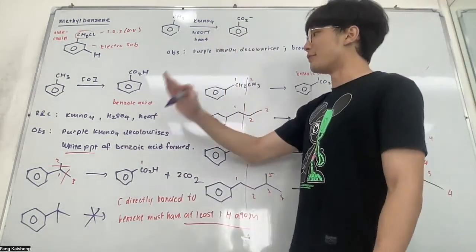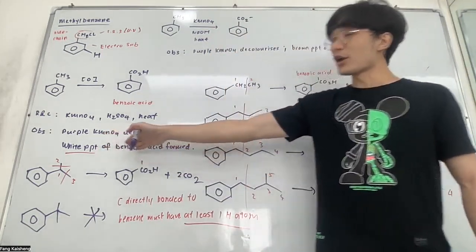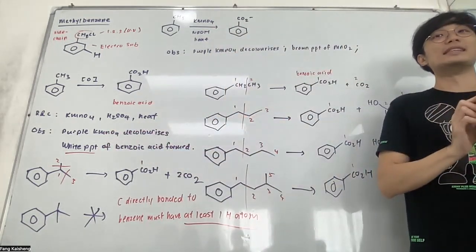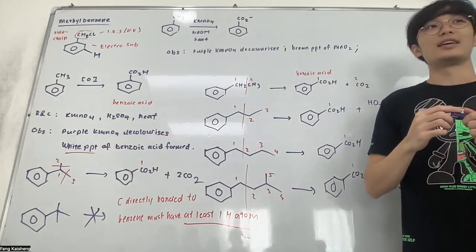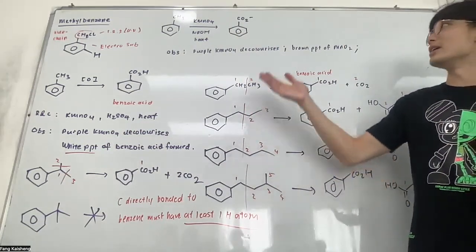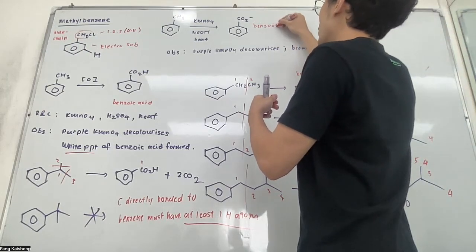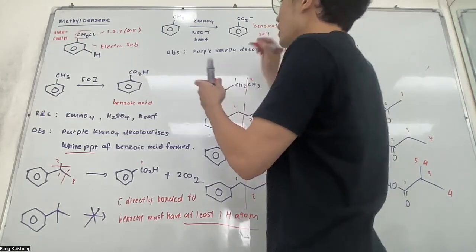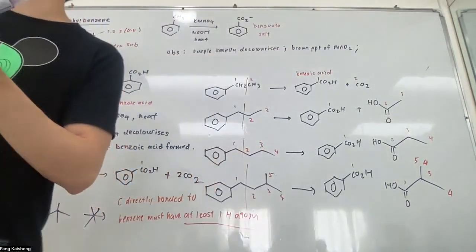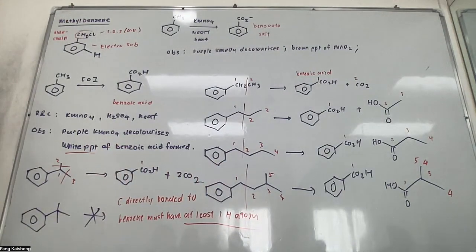Now you compare with the initial one, okay, are you going to get a white precipitate of benzoic acid? Okay, is it benzoic acid? It's not, right? This is called benzoate salt because it's a carboxylate salt. So it's a different compound, but is it going to be a white precipitate or not? Okay, let's discuss this.